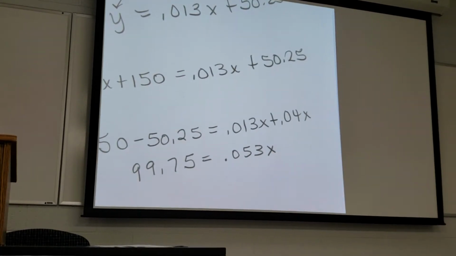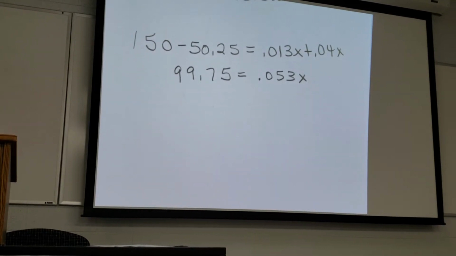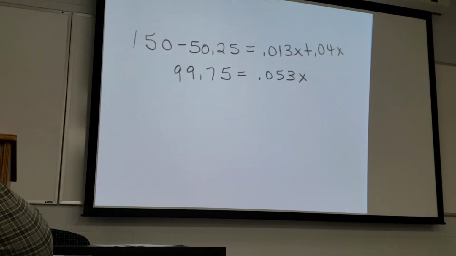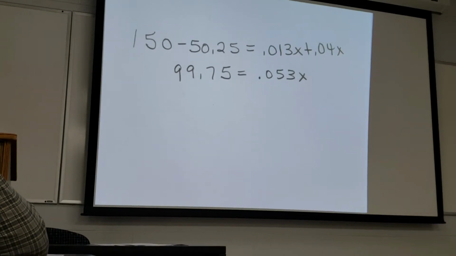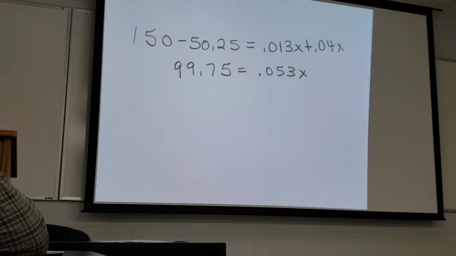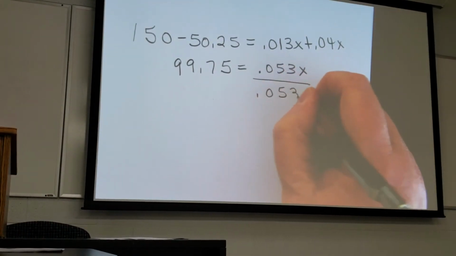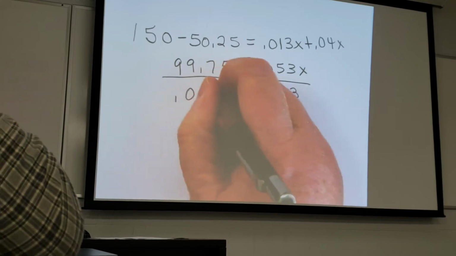All I did was combine my like terms. Okay? Not done yet. Divide by the 0.053. We're gonna find x. This is gonna be 0.053 both sides.